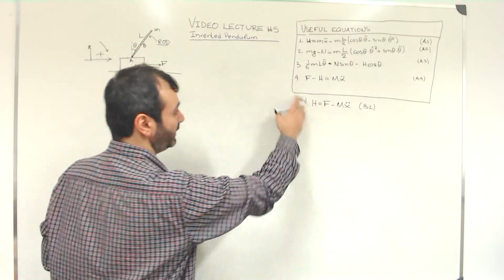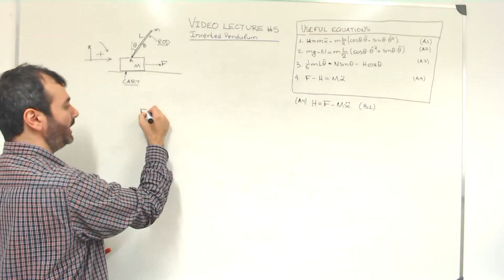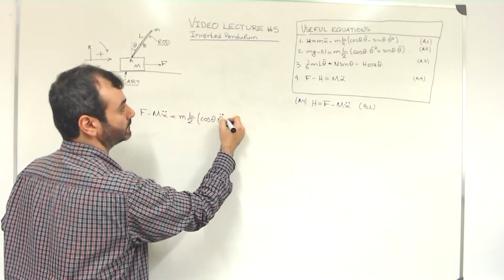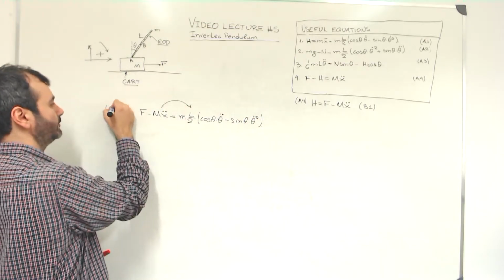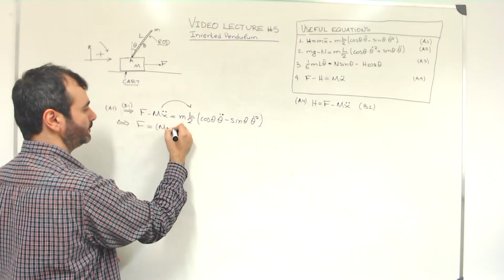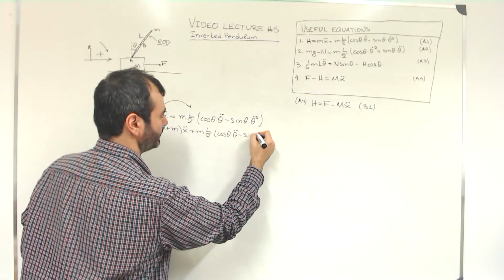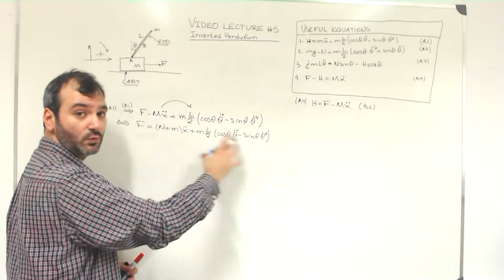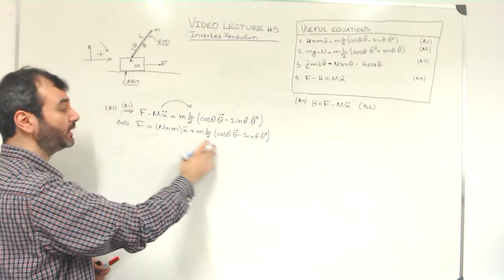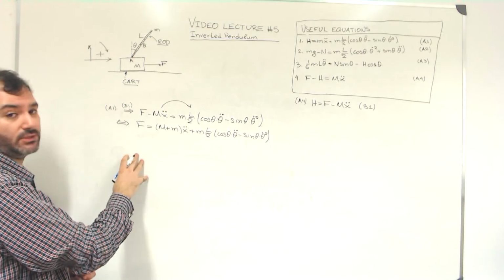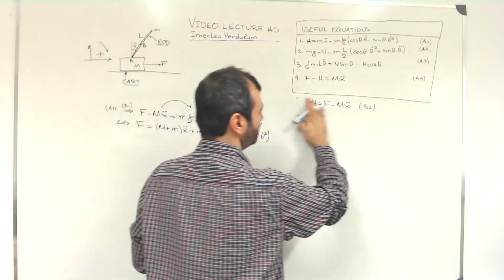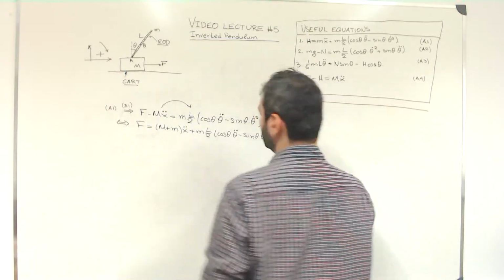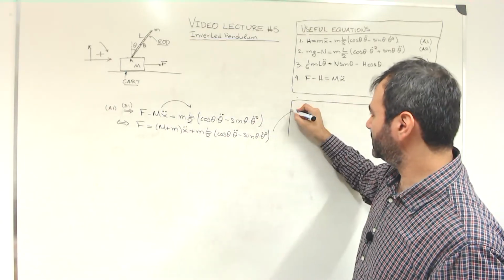So instead of H there, we'll write F minus m x double dot, and we have, in fact, this equation is a new useful equation because we have eliminated both N and H. So I will write it here. Here I will keep a list of the new equations. So the first one is this one. I will just copy it over here.